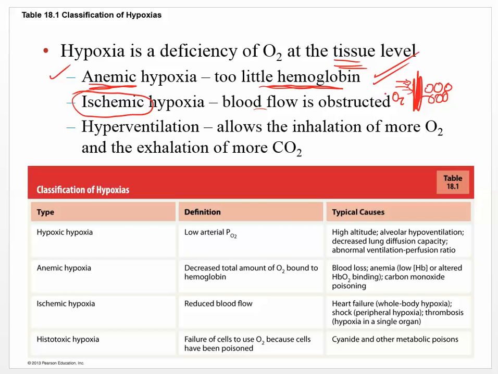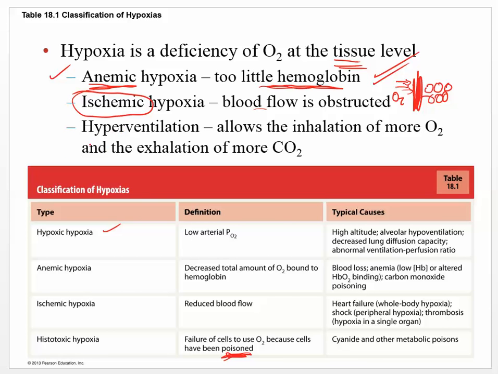So that's ischemic hypoxia. Then we have some others. Hypoxic hypoxia is just low arterial oxygen. That could happen when you just can't catch your breath at high altitude, something like that. And then histotoxic is because of some kind of toxin or poisoning. But these are the main ones, anemic and ischemic. Those are the ones you're going to hear most about.